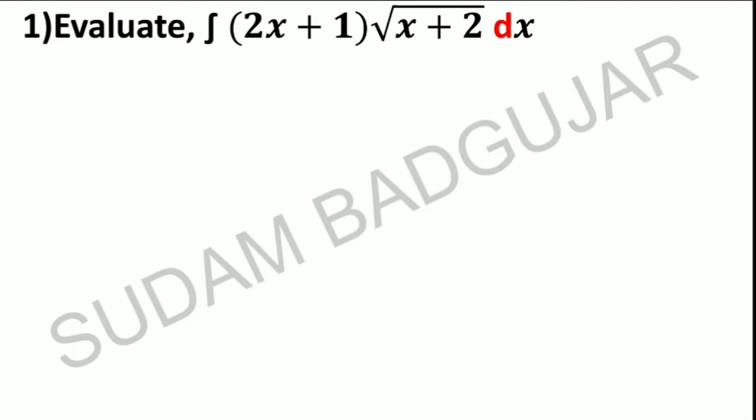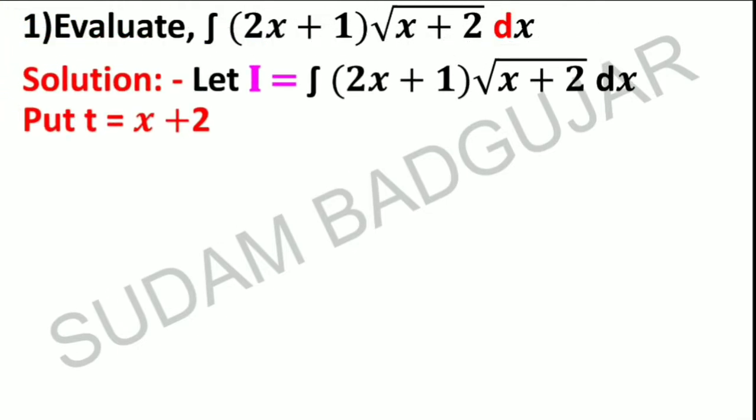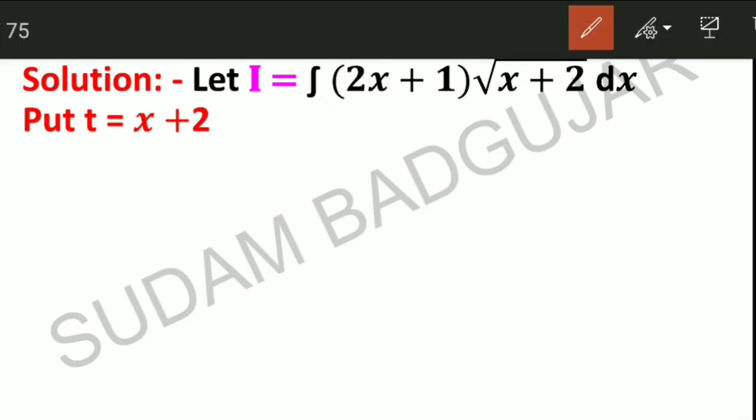Here you have to substitute t is equal to x plus 2. Let I is equal to the given integration, then put t is equal to x plus 2. If you apply the substitution method, then you have to find the value of dx from the given substitution.